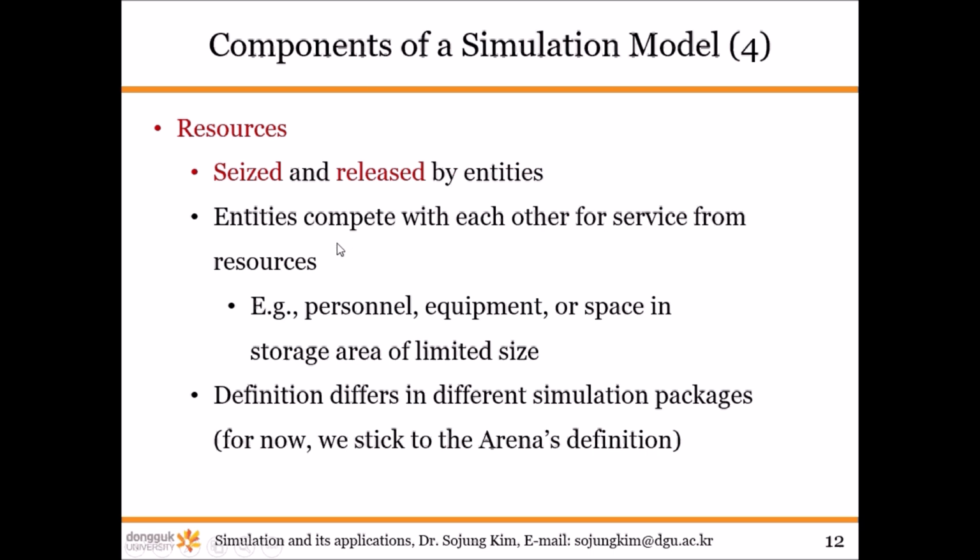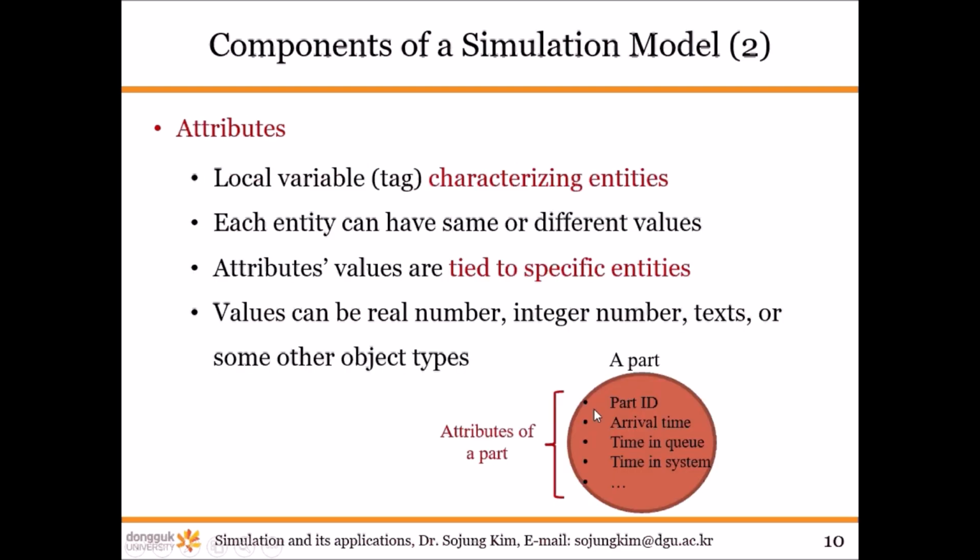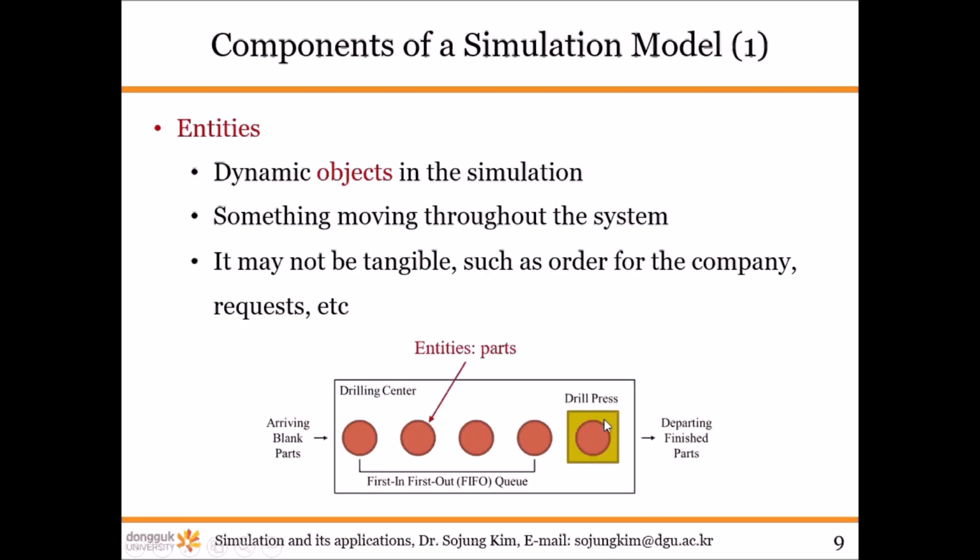And entities compete with each other for service from the resources. For example, personnel, equipment, or space in a storage area of limited size. That's why, if you look at the previous example, this drill press can be a resource.